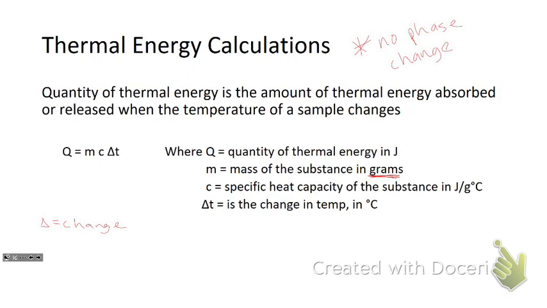We both have N. And in this case, we're dealing with the grams of the sample. So not moles, grams. So just be careful about that. C, again, it's going to be unique to each substance. And delta T is a change in temperature. And the units of that are degrees Celsius.